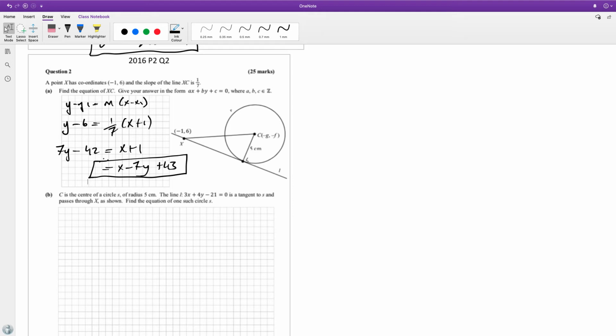So, first things first, what do we need when we're getting the equation of a circle? We need center and radius. We have the radius, so we know the radius is 5 centimeters. We just have to figure out what this point in here is.